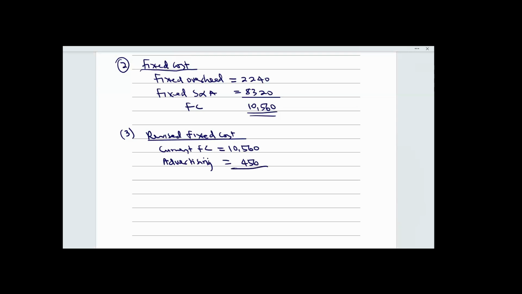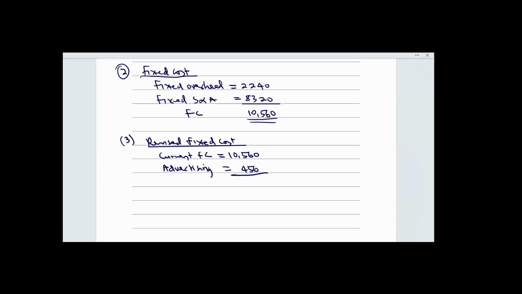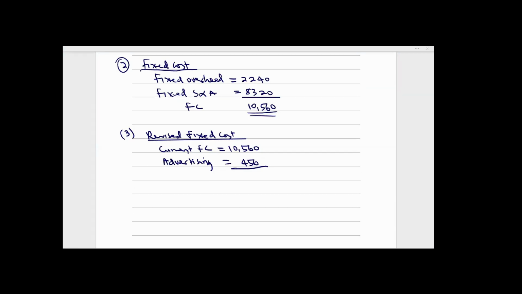So when you add the two together, 10,560 plus 456, that's 11,016,000. Okay, that's the revised fixed cost.